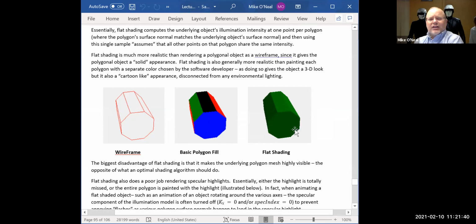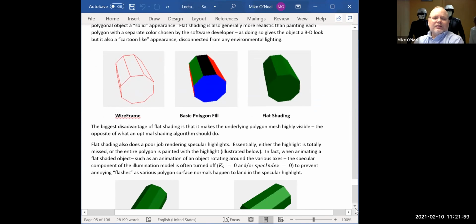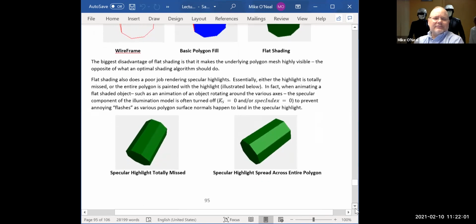But with flat shading, it still looks like an octagon that's been extruded into 3 dimensions, because that's what it is. And you can tell, oh, the lighting is coming in this direction at a 45-degree angle here, right? So that's that.